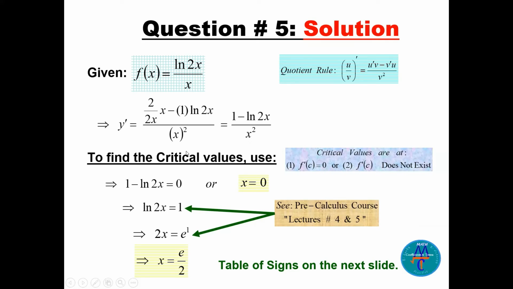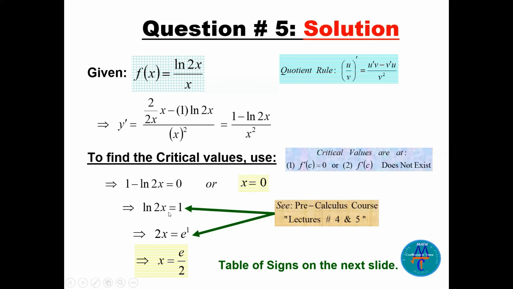To find the critical values, we can take the derivative equal to 0 or the derivative does not exist. So we take x equals 0 here, you see, that will make the derivative not exist because it's undefined. 1 minus ln of 2x is equal to 0. Take 1 on the other side or take ln on the other side, it's the same.